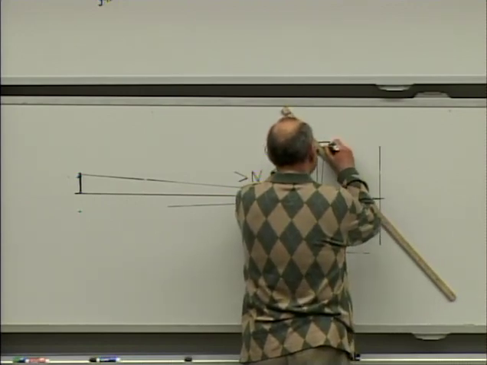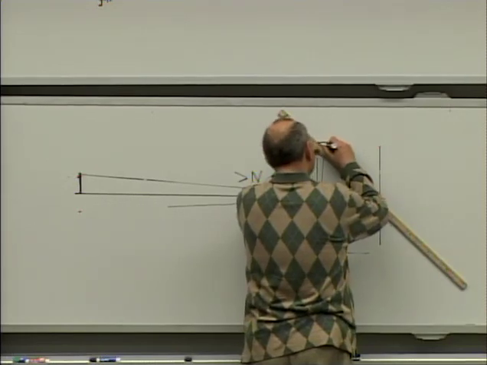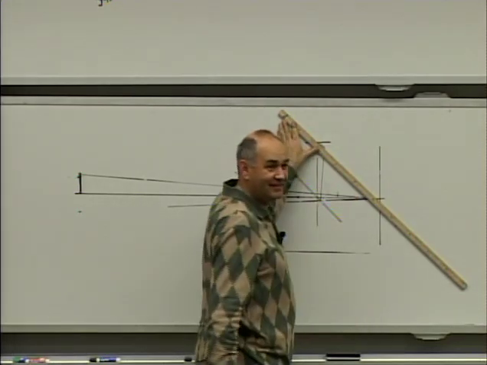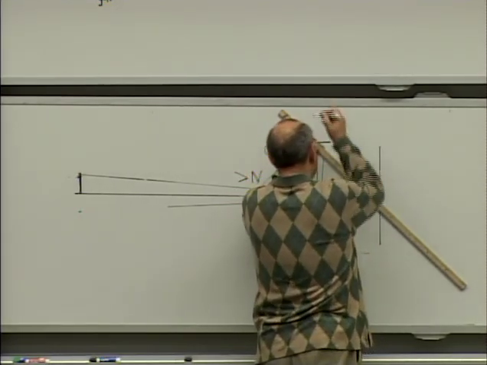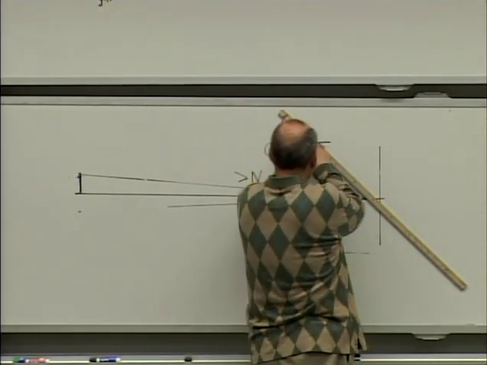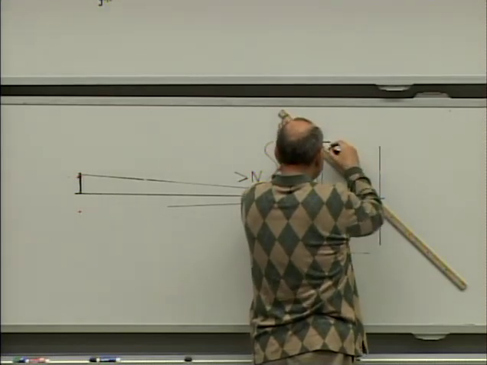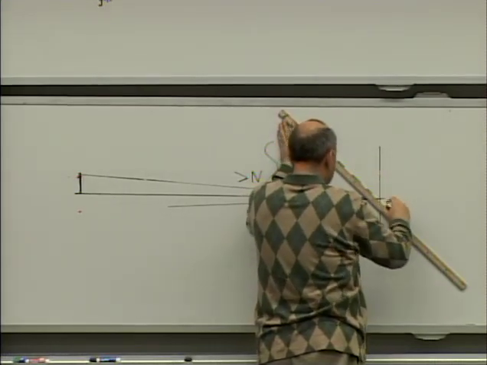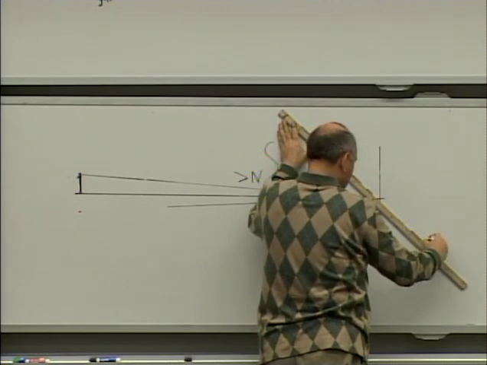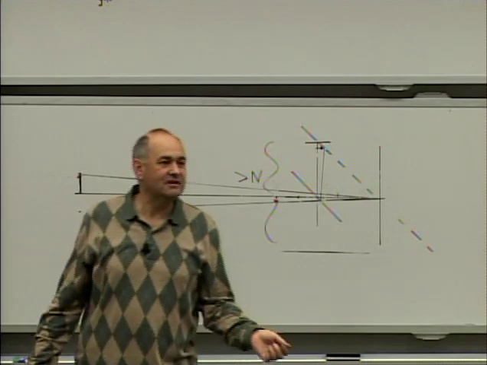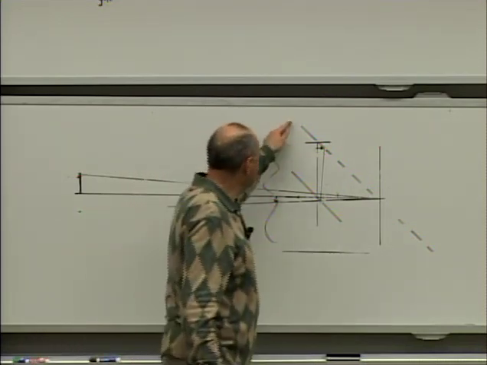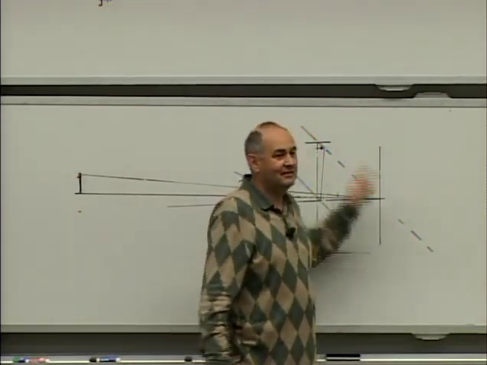The object chief ray will travel toward the eyepiece that way, right? And pass through the lens this way. So this is going to be the image chief ray. So the extension of the image chief ray is going to be like that. So where is the final image? We know that it has to be somewhere along this line.